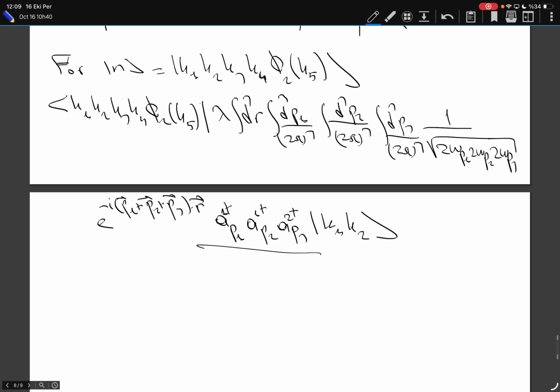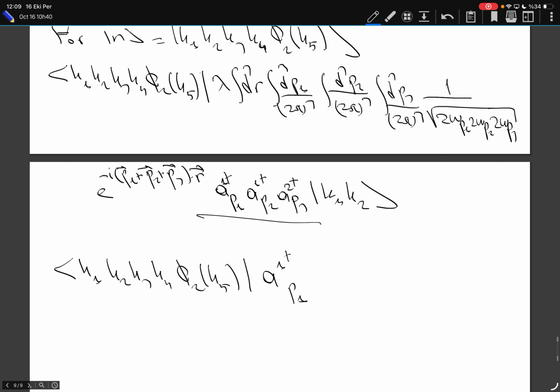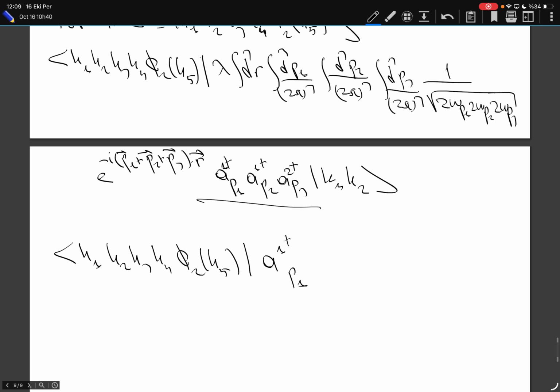Now let's look at this one. What I need to do is calculate K. This will be easier to calculate. Let me look at A1 dagger P1. Why will this be easier to calculate?